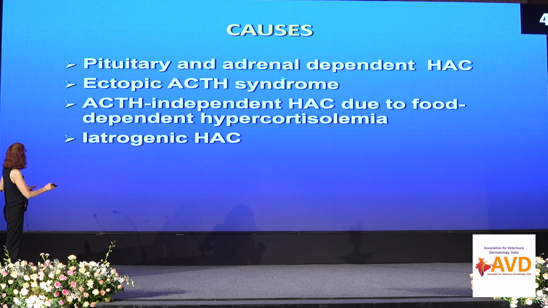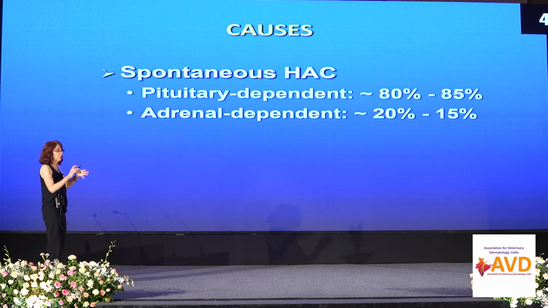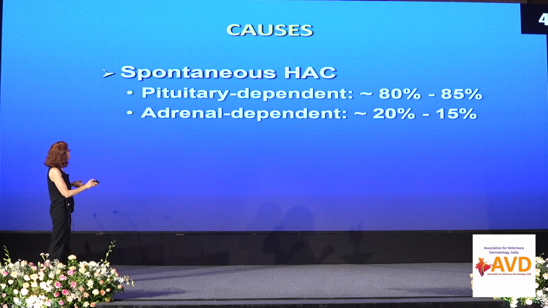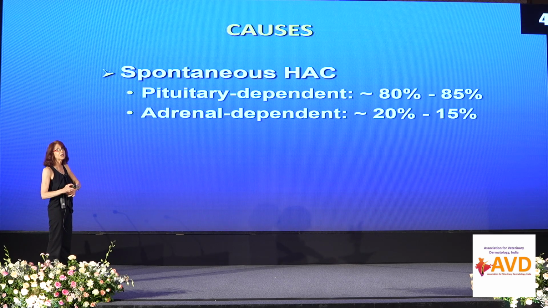So we'll focus today on the pituitary-dependent and adrenal-dependent Cushing's. Most cases you'll be seeing are pituitary-dependent, accounting for 80 to 85% of the cases. Much fewer cases will be adrenal-dependent Cushing's disease.